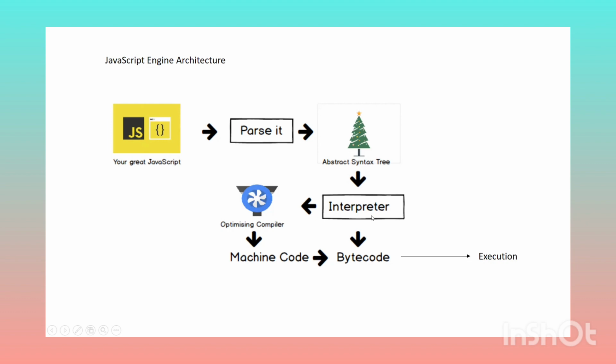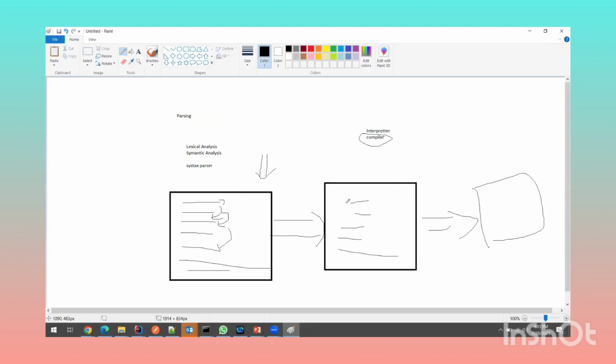Okay, while the interpreter is doing so, it takes the help of the compiler also here. So the interpreter talks to the compiler, and the compiler takes the source code from the interpreter and starts the compilation phase. So what happens at the time of compilation, we have seen, right?